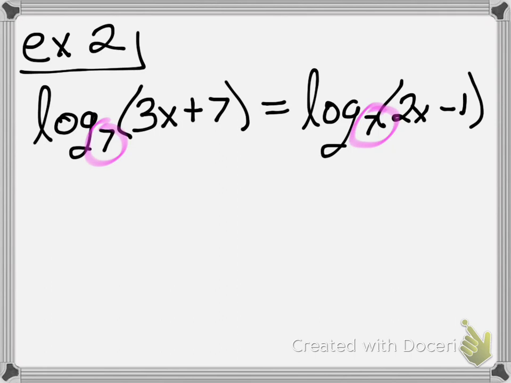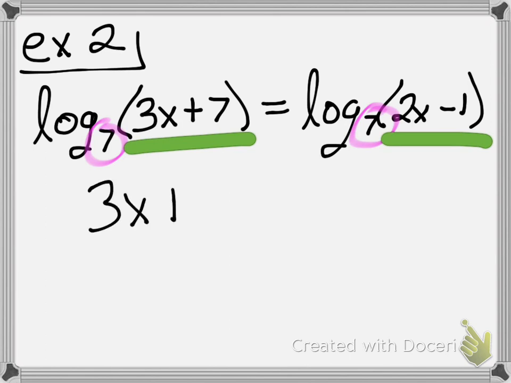If they both have the same base, what we can do is look at what's in parentheses alone and realize that those two things need to be the same. If it's both log base 7, what's in parentheses needs to be the same. So we're just going to drop the logarithms and solve this equation.